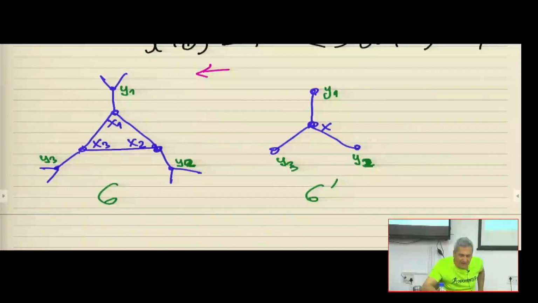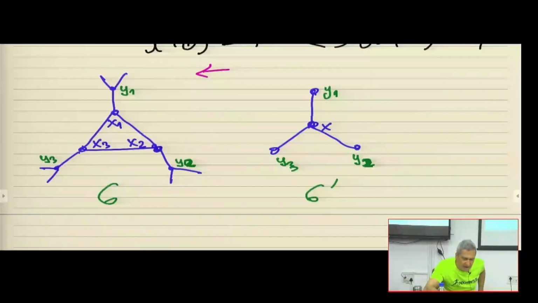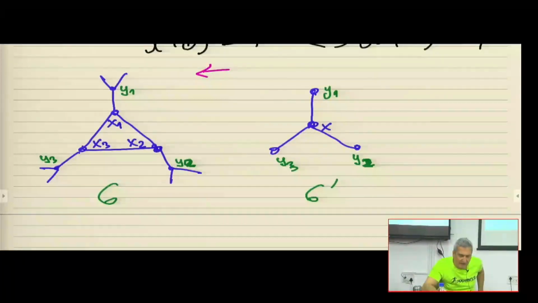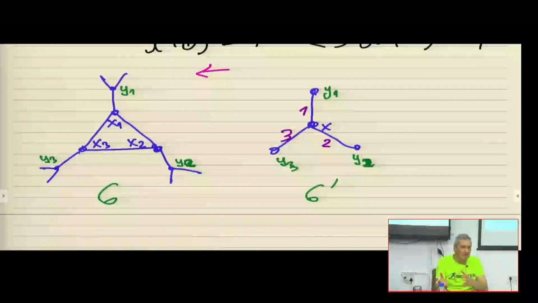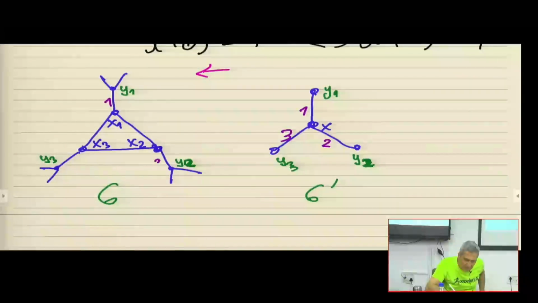Let's say this one has chromatic index 3. At this vertex we're going to have 3 different colors, 1, 2, 3, all of them. And when we go back to the bigger graph, we have here 1. We deduce from this coloring color 3, so this color comes here, and this color comes here.